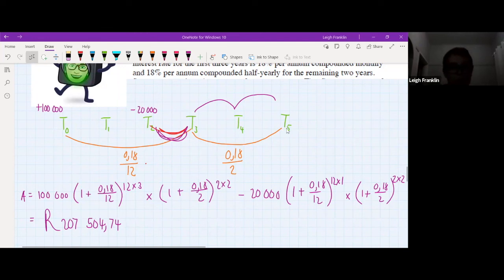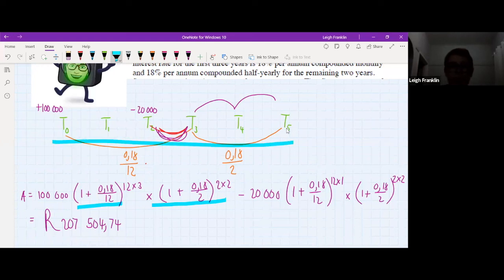So that's why we had the 100,000 here earning interest at the original rate, and then here at the old rate. So what we are essentially doing here is reversing this process, because we are working backwards from here to there, working back to the original, aren't we?